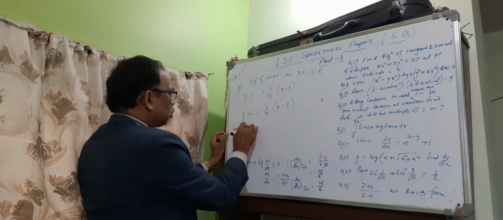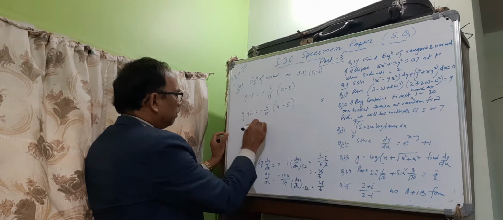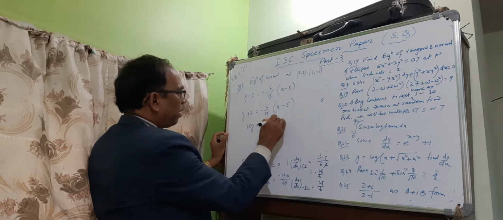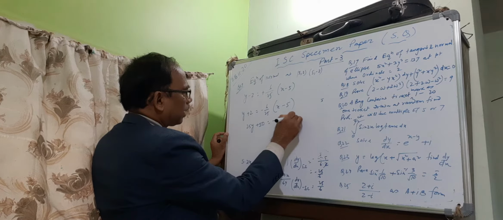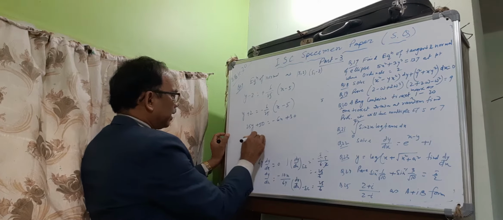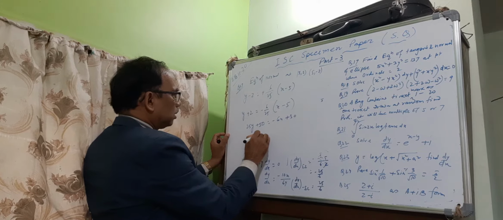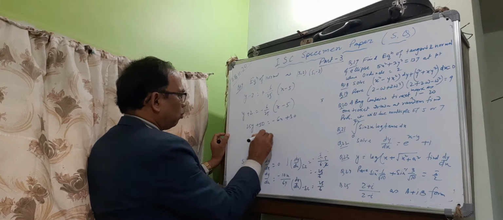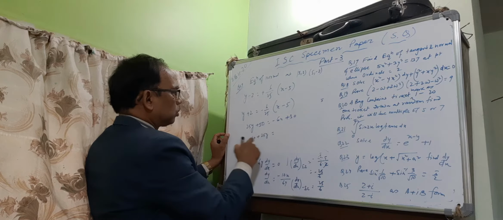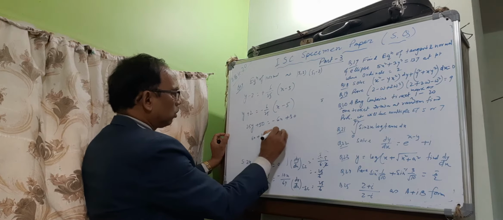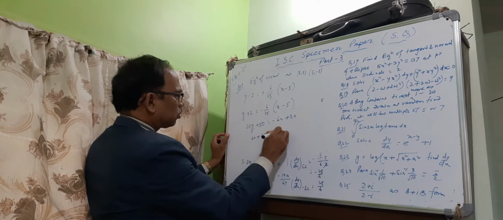That is 25y plus 50 equals minus 6x plus 30, that is 6x plus 25y equals minus 20.